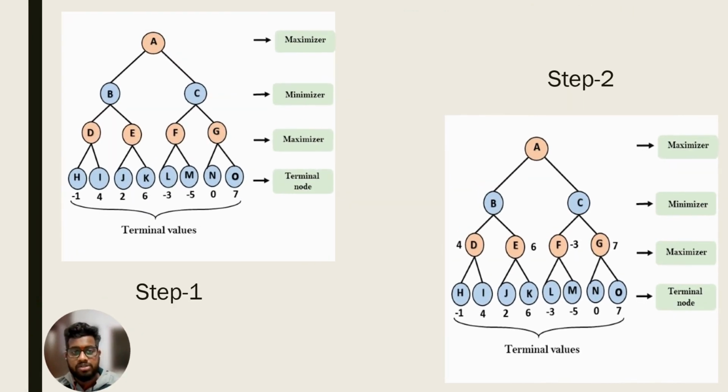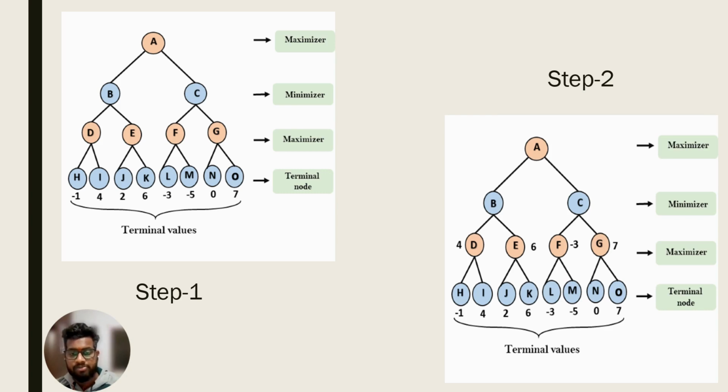As you can see in the diagram depicted here, if A is being played by max, then B and C will go to the minimizer, again the maximizer, and then as you can see, the terminal nodes are stated there. All those terminal nodes have some value, and since it's the turn of the maximizer, the maximum value from the terminal nodes will be selected.